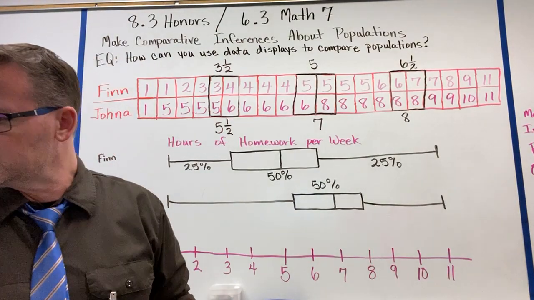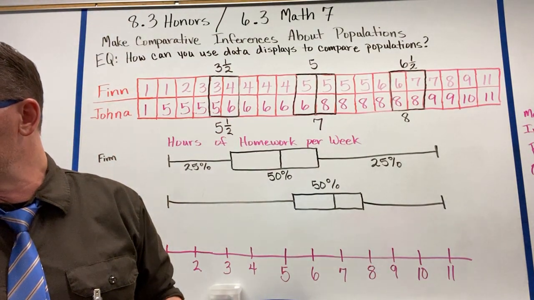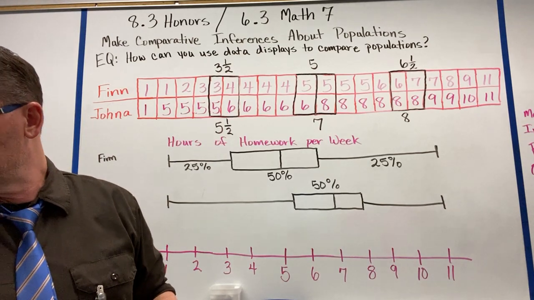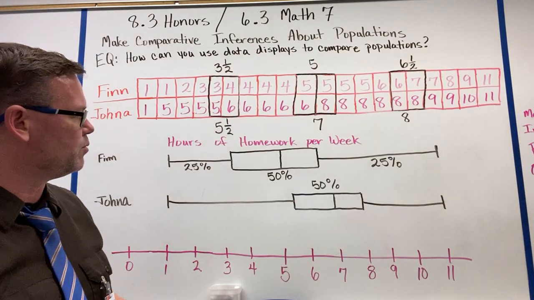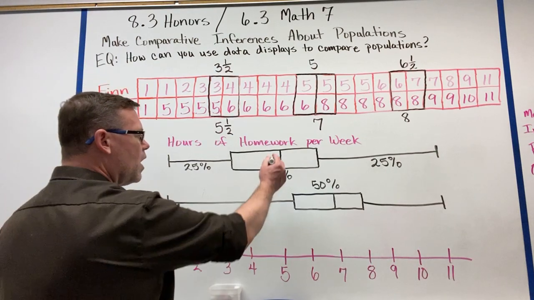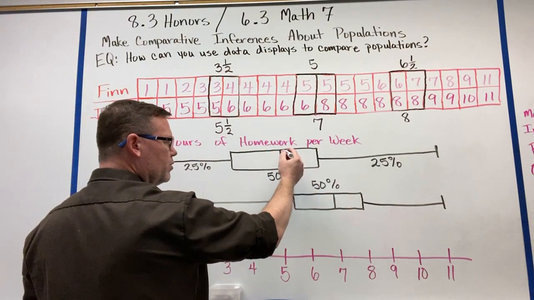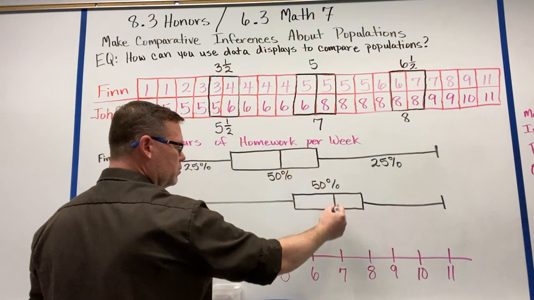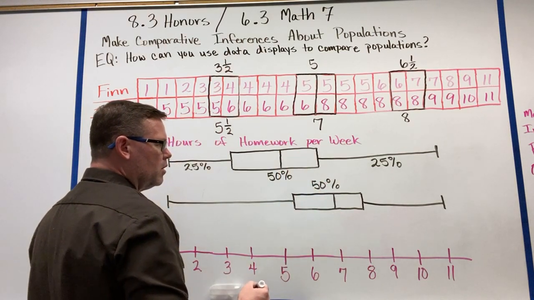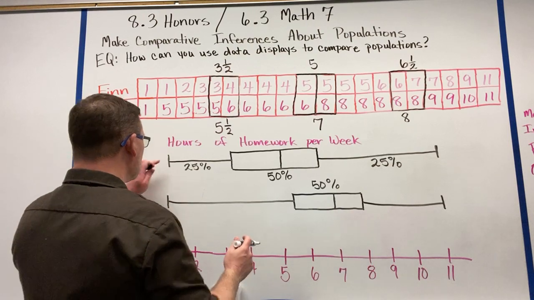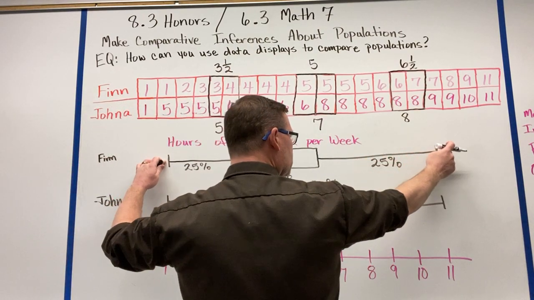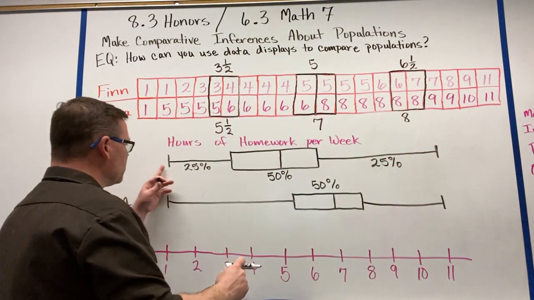So the one thing we want to look at is the variability. First, I want you to see this. These lines right here represent the median. The median is represented by the line in the middle of the box. Then we have the range. The range goes all the way from one whisker to the other, in other words, from 1 to 11.